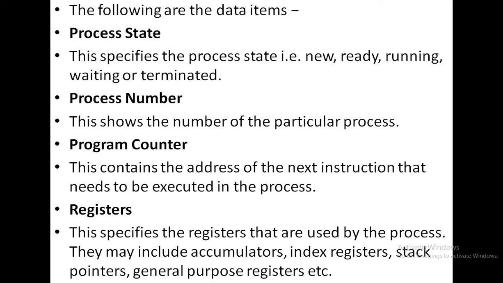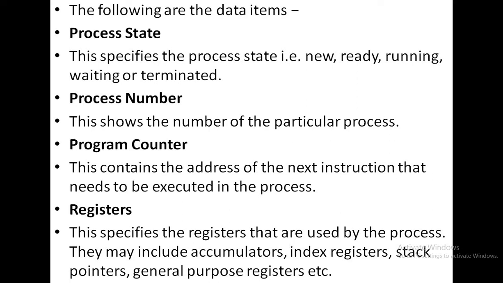So when a process is going to execute inside the computer system, the 5 states are basically related to the process, and this state information of a process is stored in the process state of the PCB, or process control block.